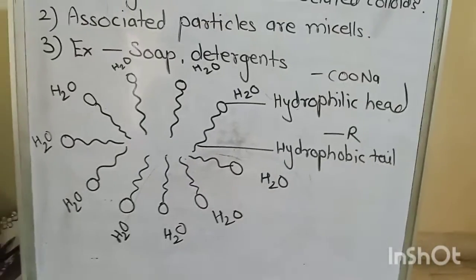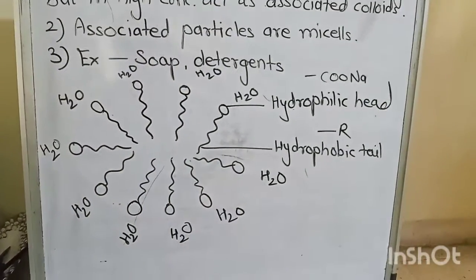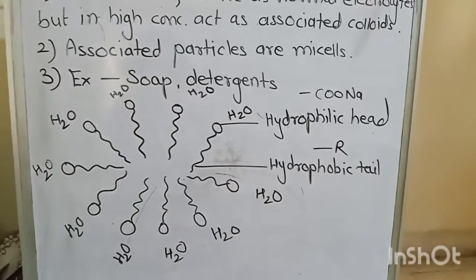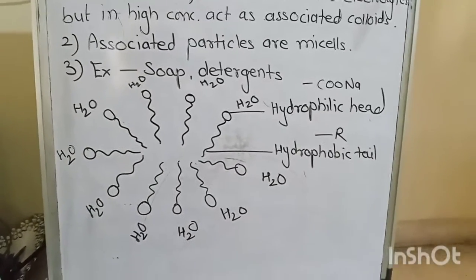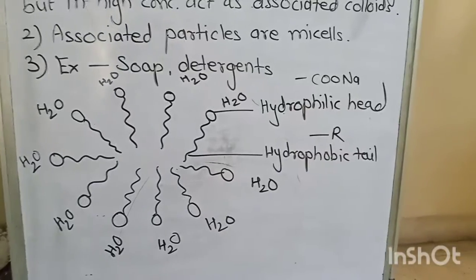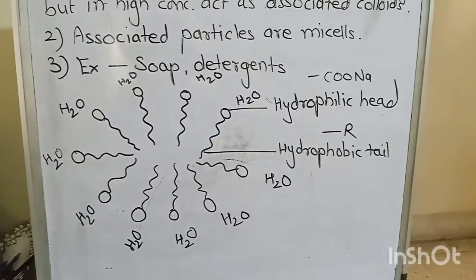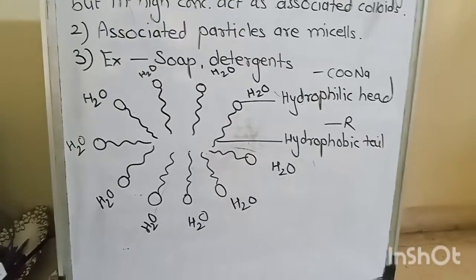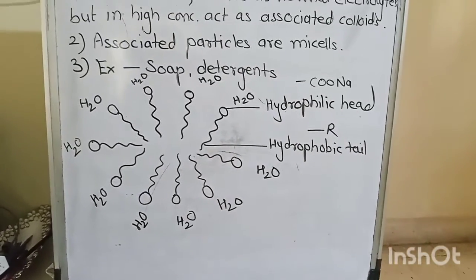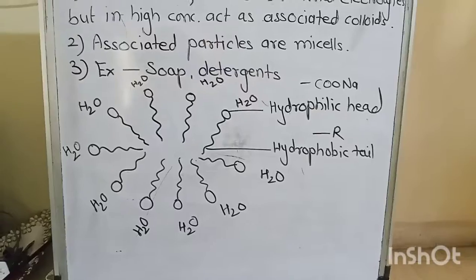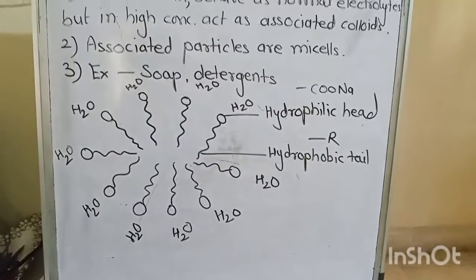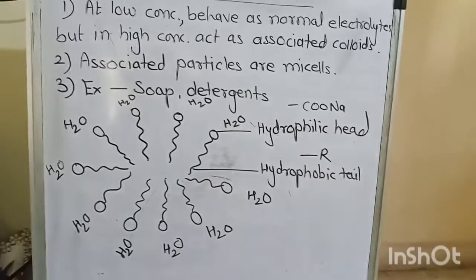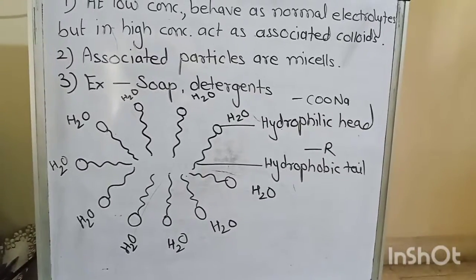The hydrophilic head is COONa, and the hydrophobic tail is C17H35, a higher alkyl group. The carboxyl group with sodium is hydrophilic. It is water loving. Hydrophilic means water loving, and hydrophobic means water hating. So in this dispersion medium of water, soap forms a stable colloidal mixture.